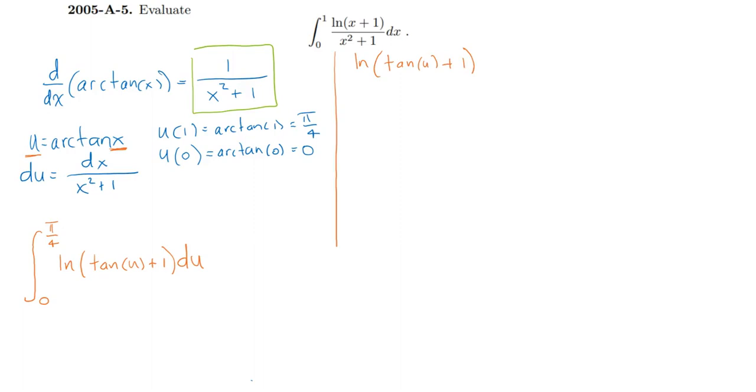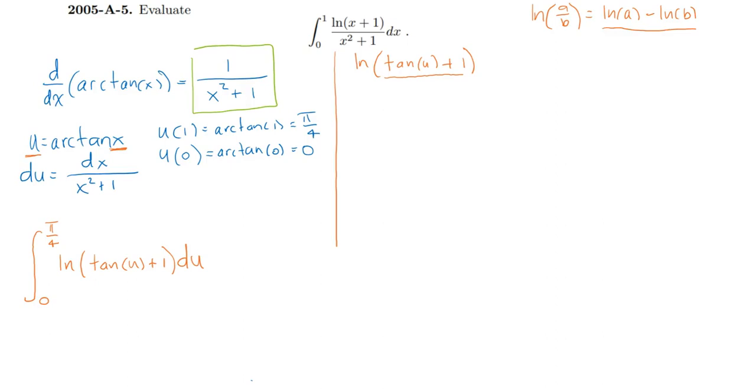Now, one property of logarithms is if we have ln of a over b, then this is equal to ln of a minus ln of b. So let's see if we can convert this tangent of u plus 1 into a fraction. That way we can separate this natural logarithm into two natural logarithms, where one is being subtracted from the other.